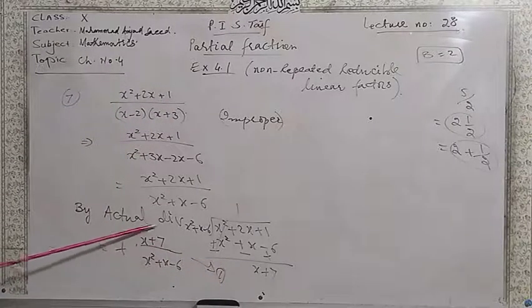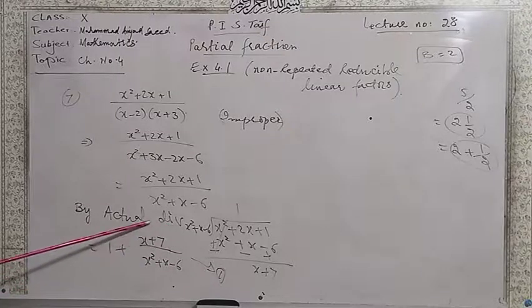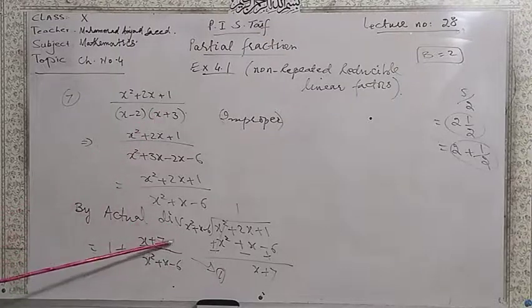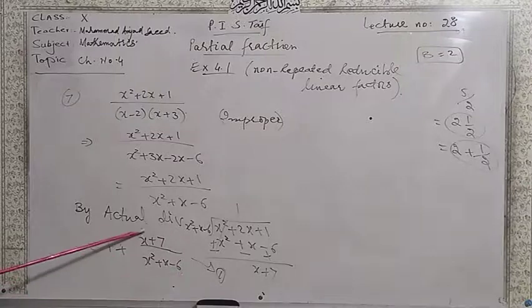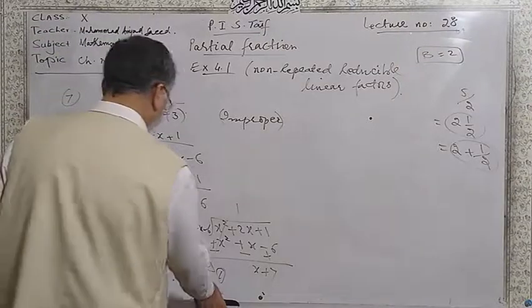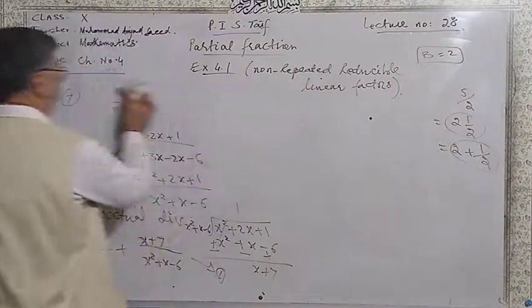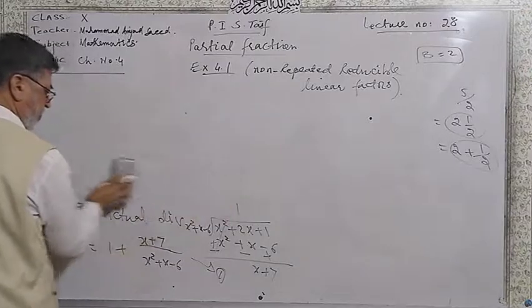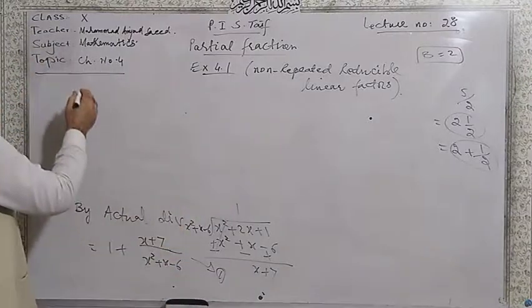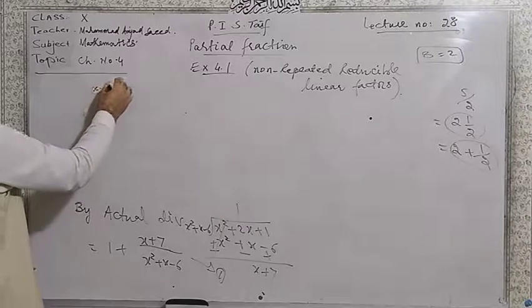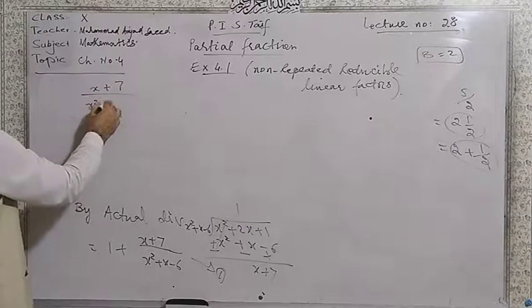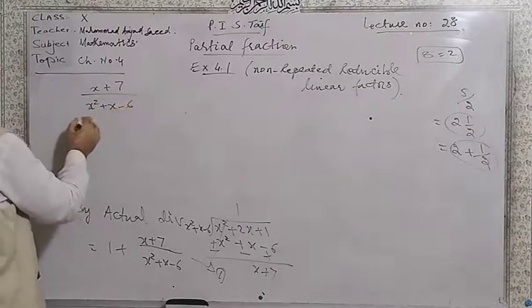This is the portion whose partial fraction is to be found out. Here we have x plus 7 over x square plus x minus 6.